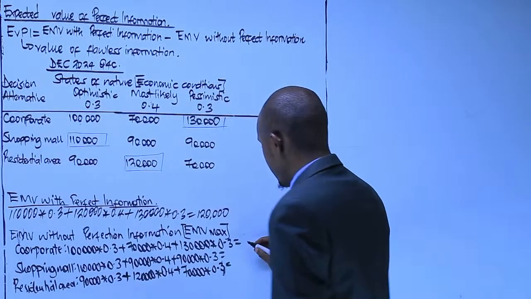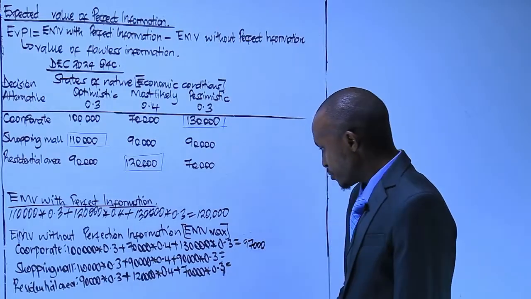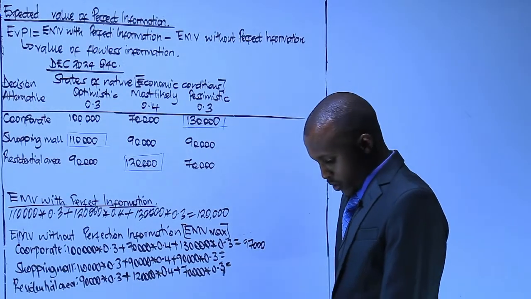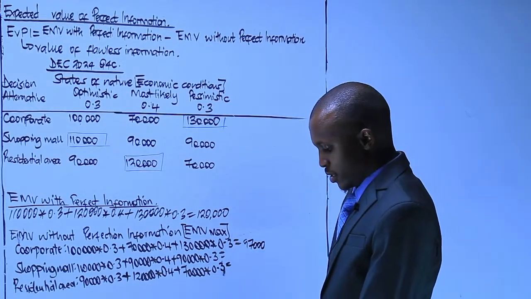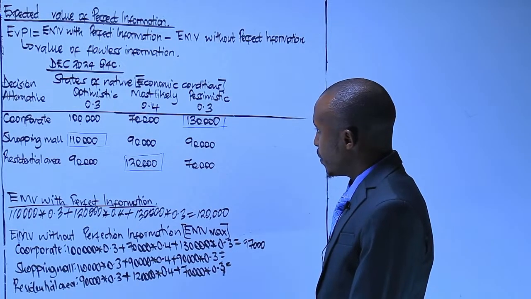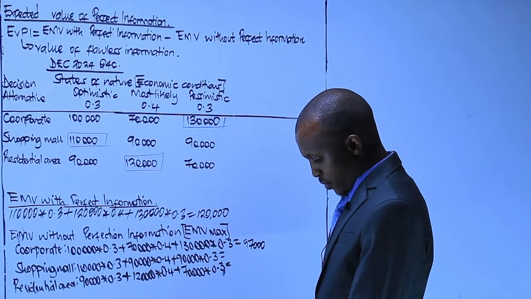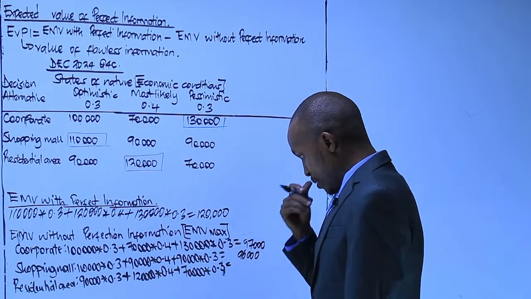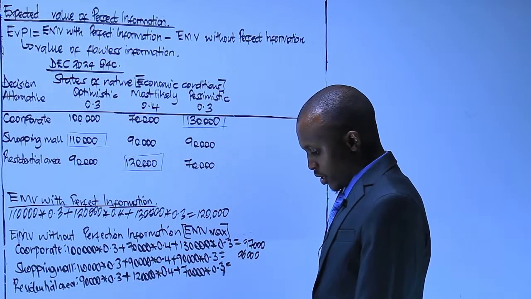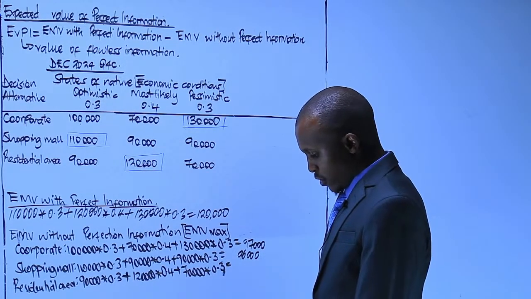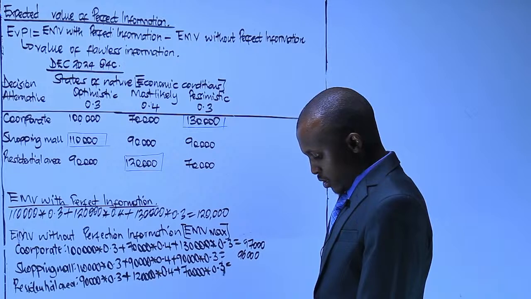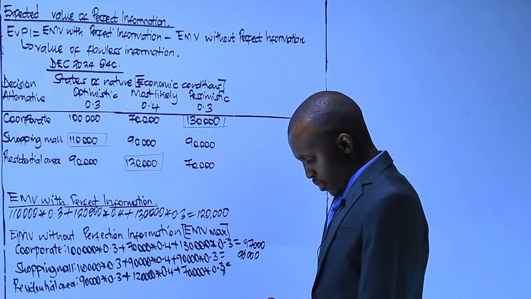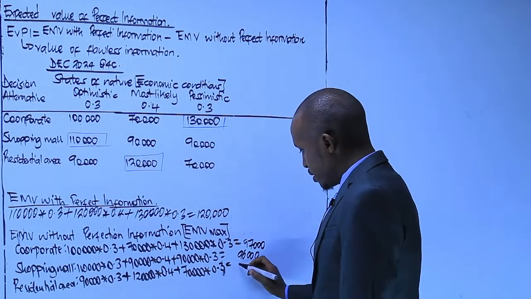This should be 97,000. Shopping mall: 110 times 0.3 plus 90 times 0.4 plus 90 times 0.3. That should be 96,000. Residential area: 90 times 0.3 plus 120 times 0.4 plus 70 times 0.3, which is 96.